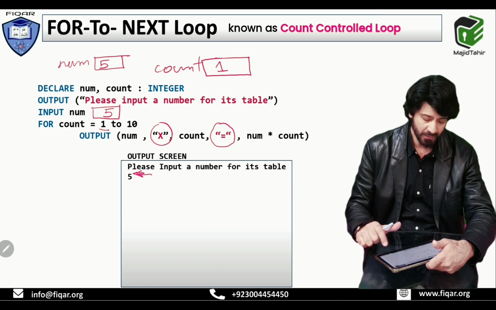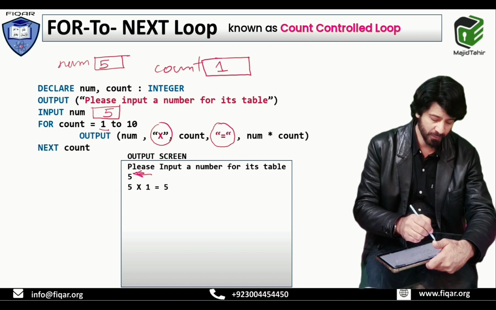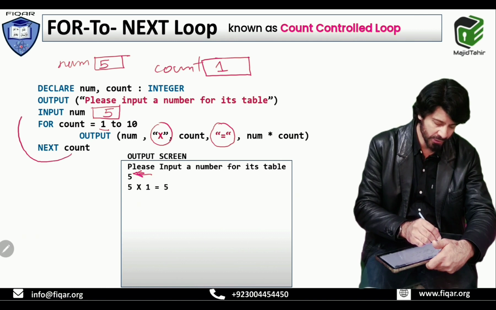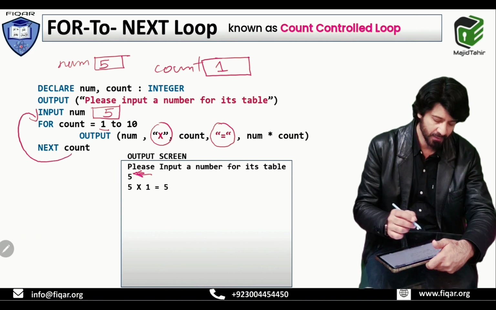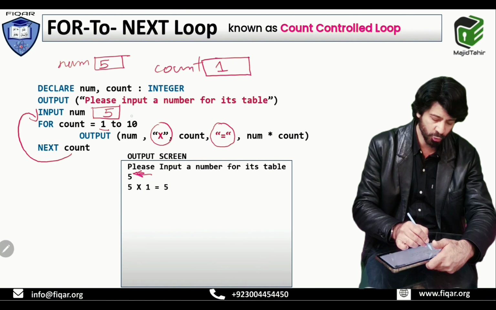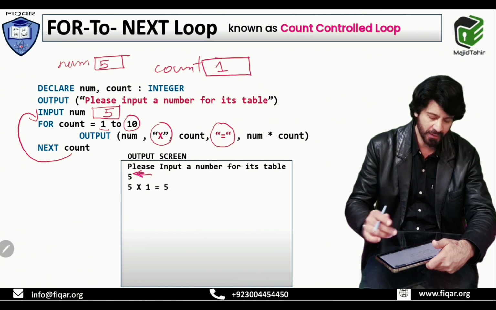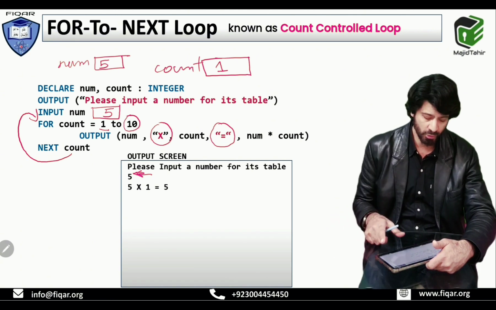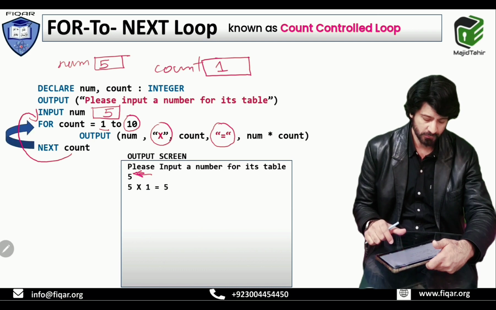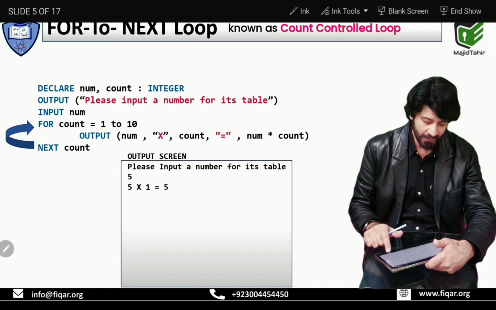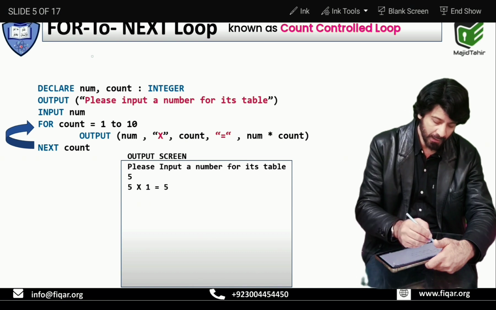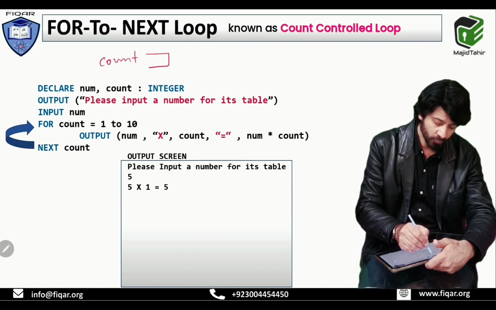So this is displayed, and next count. So when next count comes, means that the count is going to be repeated again, goes back to the loop till it reaches the count 10. So the loop will go back, and now count initially was 1, now count becomes 2.